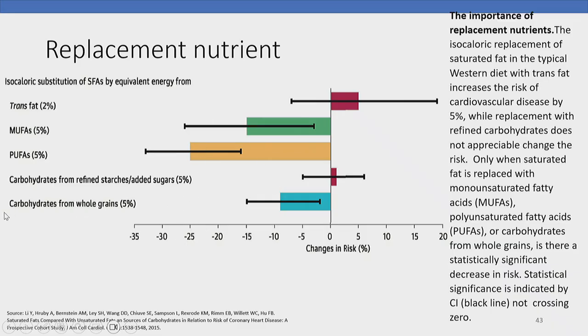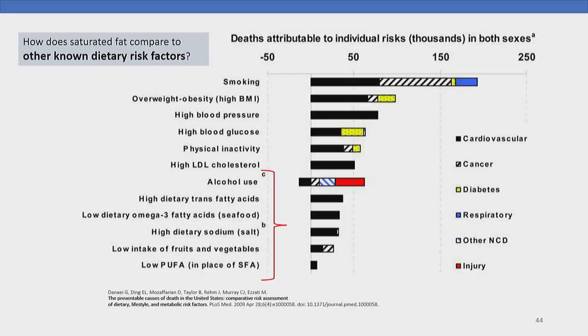And even if they eat carbohydrate from whole grain, which is a good source, the cardiovascular disease risk also decreased. So the key in the recommendations is the replacement. That's why Canada's Food Guide recommends replacing saturated fatty acid with unsaturated fatty acid, not only cutting it off and eating something unhealthy. Okay, any questions?